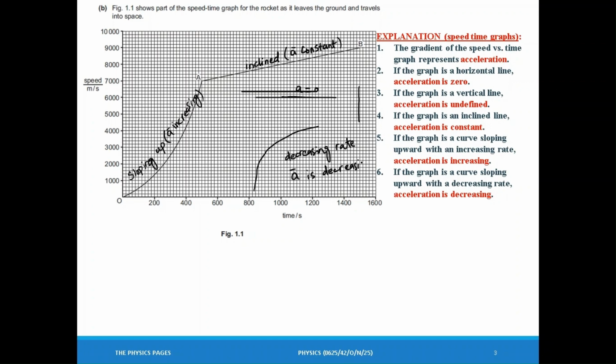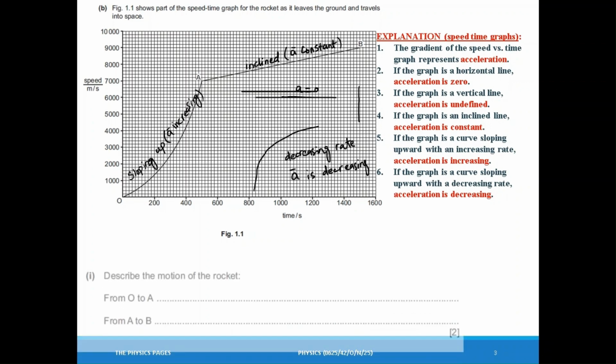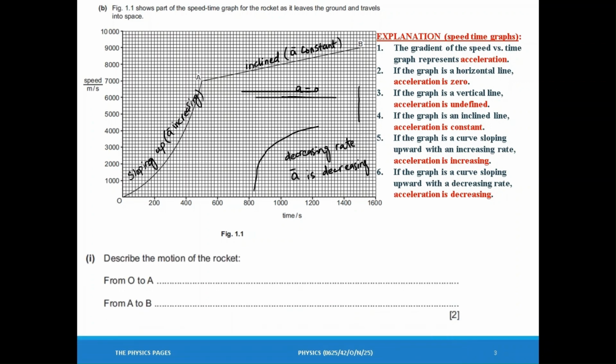Now moving to the question, the first part of part B: describe the motion of the rocket from O to A. As I mentioned, O to A is the graph sloping up with increasing rate.